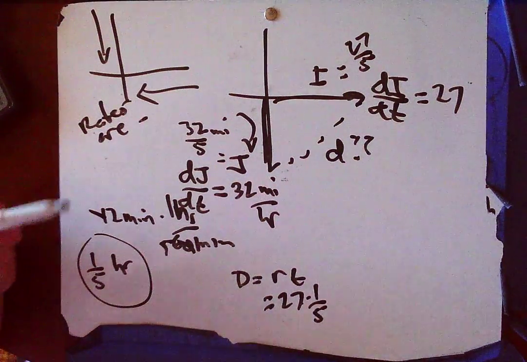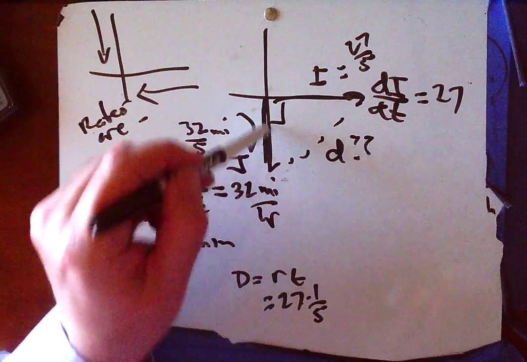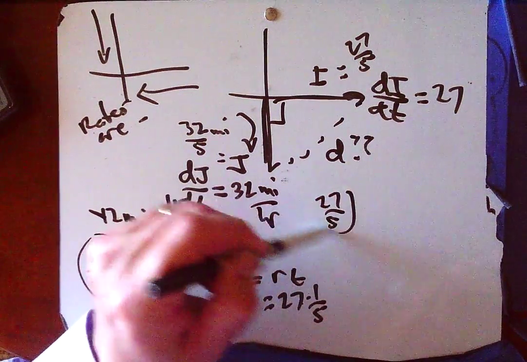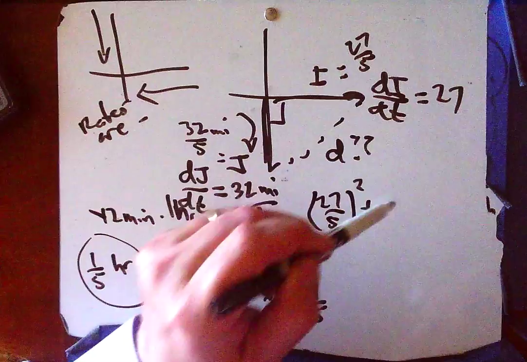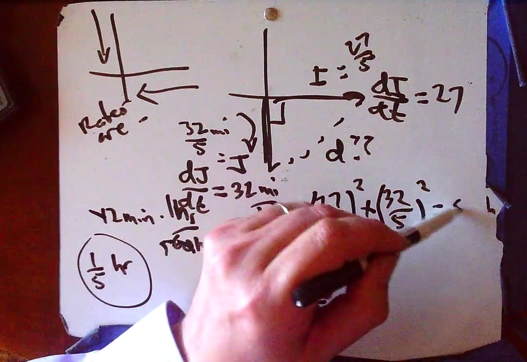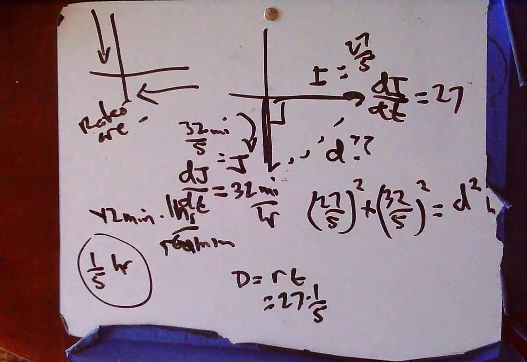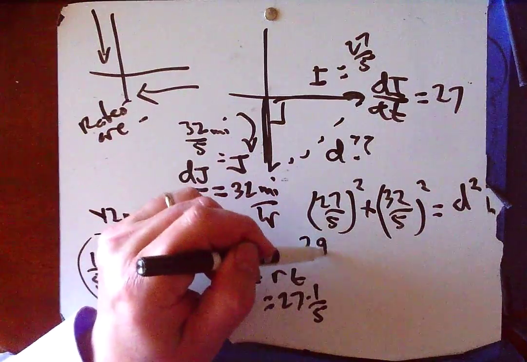Okay, and what are we looking for? How far apart are they? Well, I can use the Pythagorean theorem here. 27 over 5 squared plus 32 over 5 squared equals d squared. So I pull out my calculator. 27 divided by 5, and I square that number. I get 29.16.